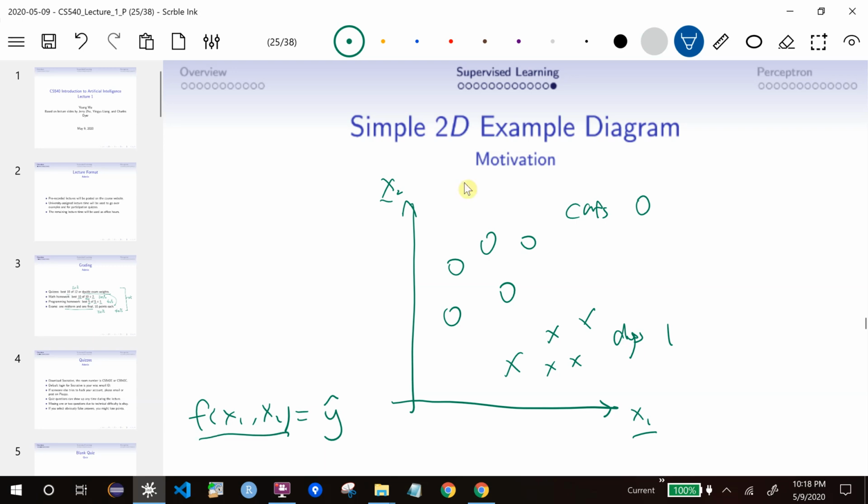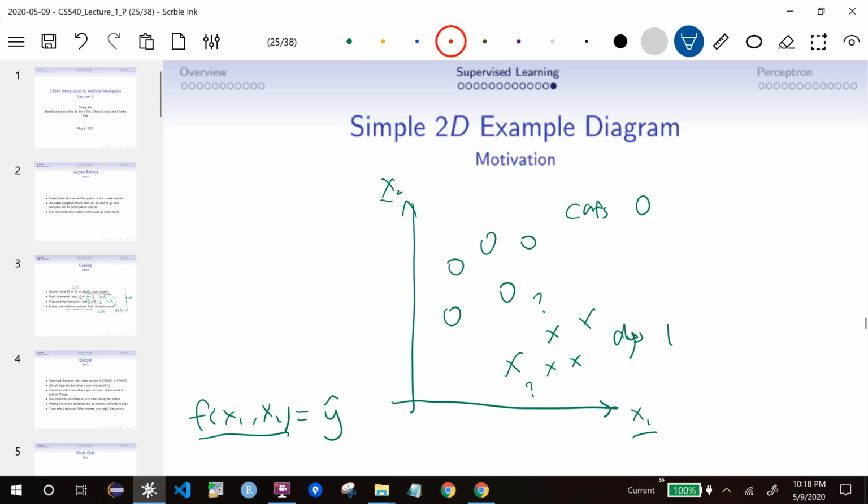So we need a mathematical function that, given a value x1 and x2, we need to figure out whether it should be labeled 1 or 0. So for example, this one here should probably be labeled 1, and if you have a point in the middle, then it's not really clear, but we want to make the best guess.